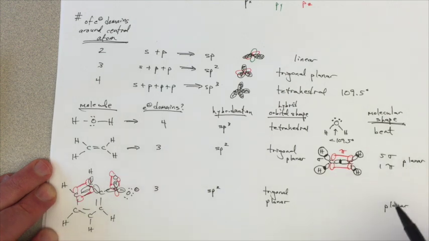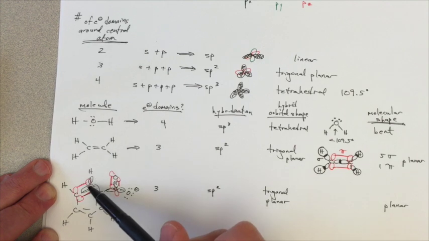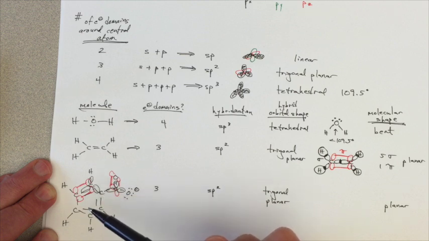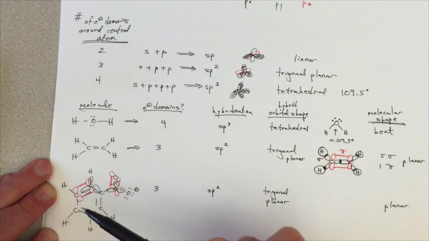If we were to count the number of sigma bonds and the number of pi bonds, it's pretty straightforward. For each carbon here, we've got 1, 2, 3 sigma bonds and 1 pi bond. On this carbon out here, we have 1, 2, 3 sigma bonds and 1 pi bond. So let's figure this out.